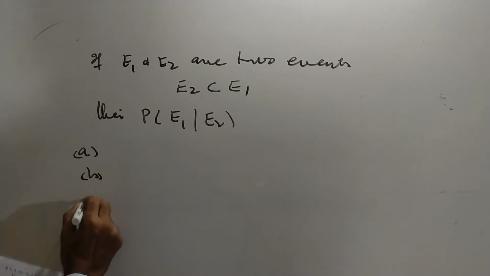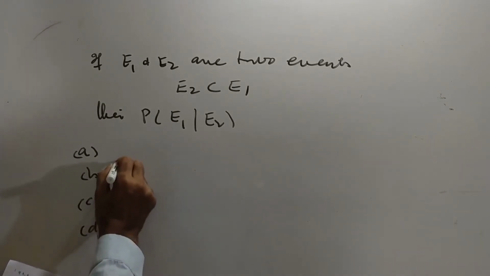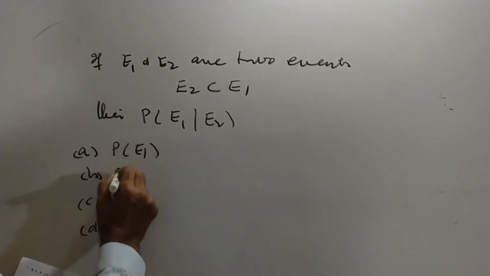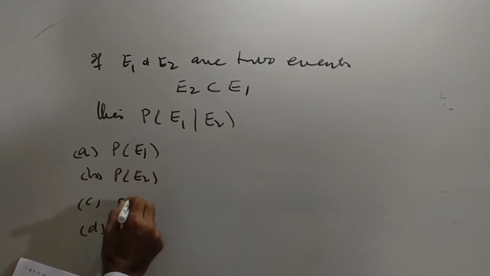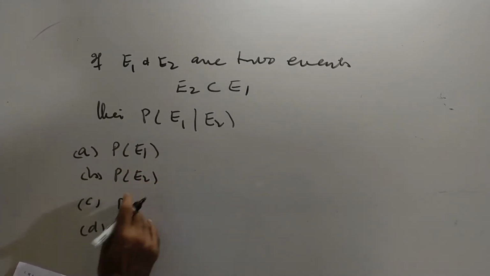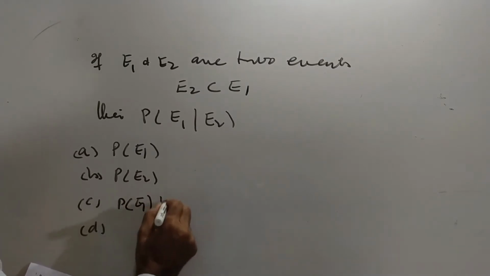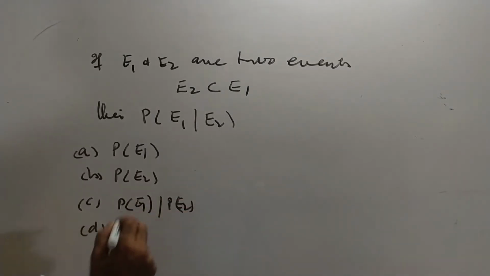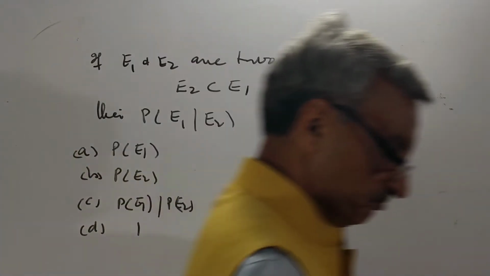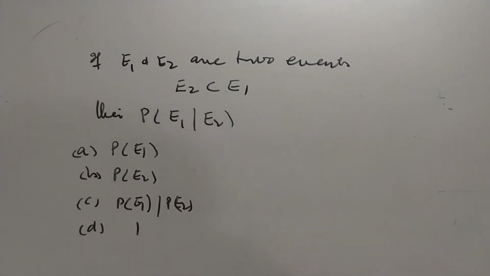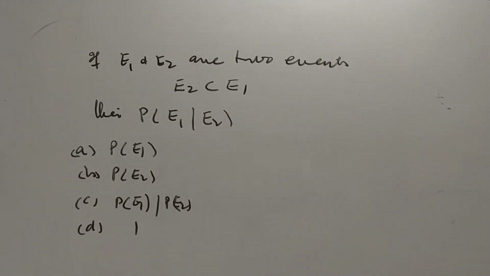Choices are probability of E1, probability of E2, probability of E1 upon probability of E2, and 1. That is the question that we want to do.